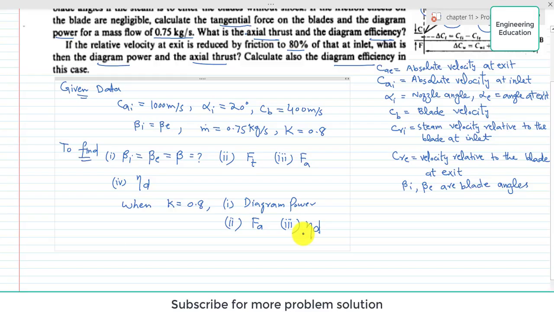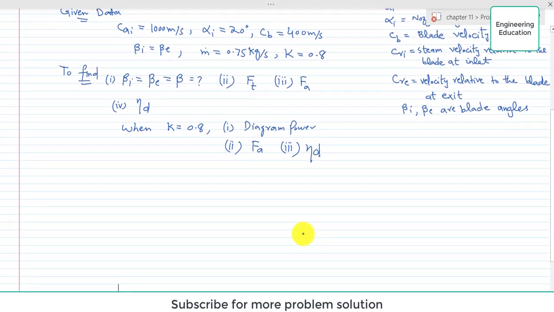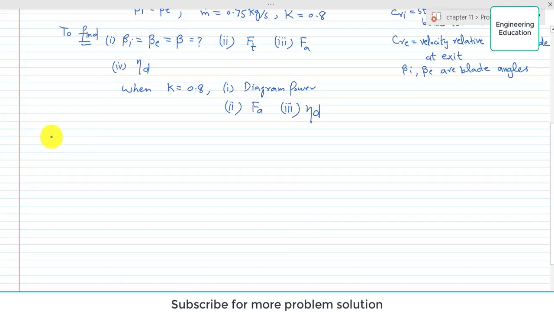So coming to the solution of this problem, to find the velocity values and blade angles, two methods are used. First method is to draw the velocity triangles to scale and find the values graphically from the triangles.